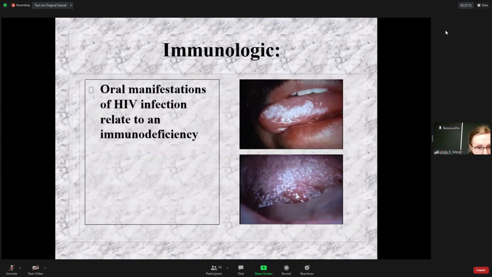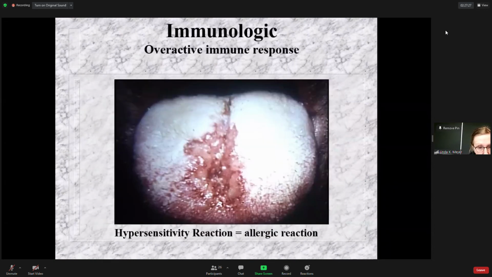So here's the example of oral manifestations of full-blown AIDS related to a deficiency. Here's an allergic one, these ulcerations on the tongue here are related to a drug allergy.